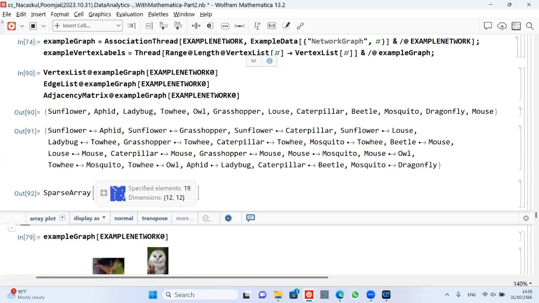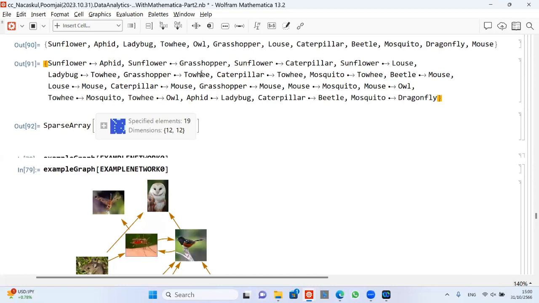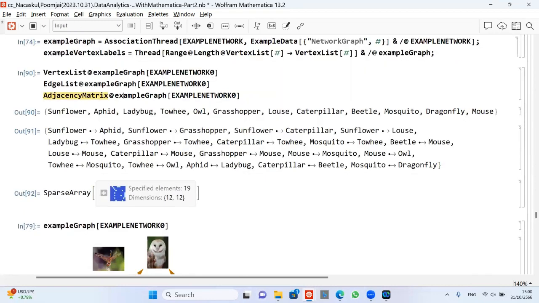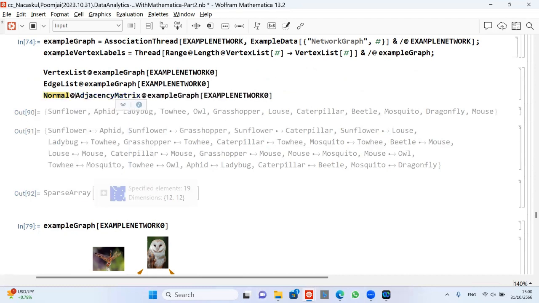Now, how come you don't see that? The reason is that Mathematica is trying to be smart. It says that of the 66 possible connections, there are only 19 connections. Why keep the zeros? Why not just keep the ones? This is called a sparse array. It's just a representation. But if you want to look at it, you can. Okay, normal. You don't need the thing upstairs anymore, right?